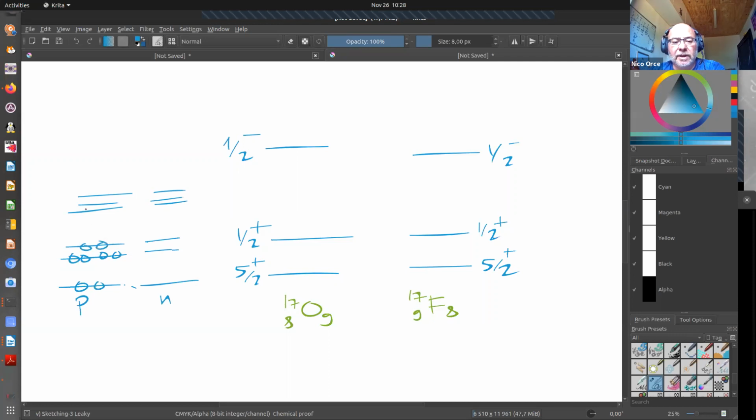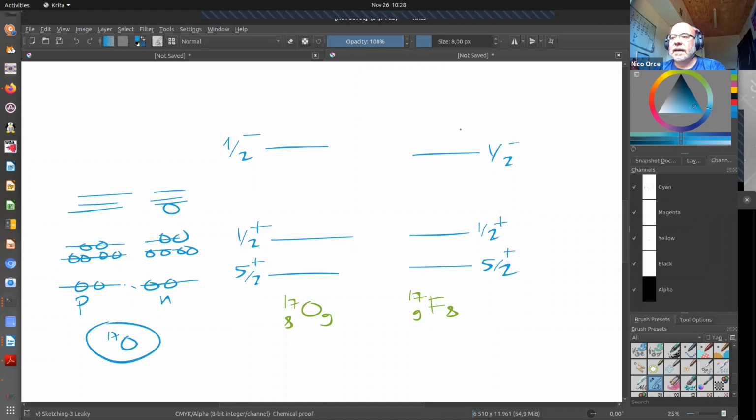In the case of fluorine 17, the odd particle is on the proton side, whereas for oxygen, these levels were full and the odd particle was on the neutron side, right?